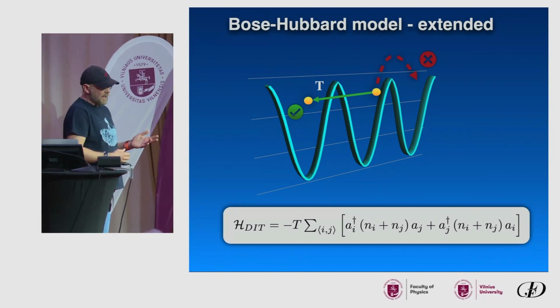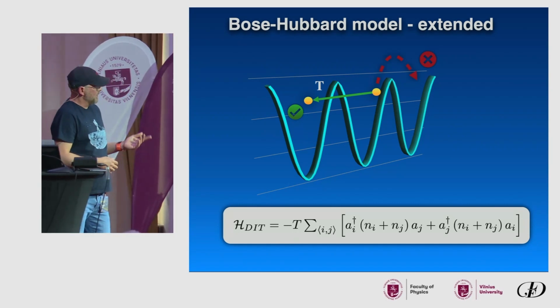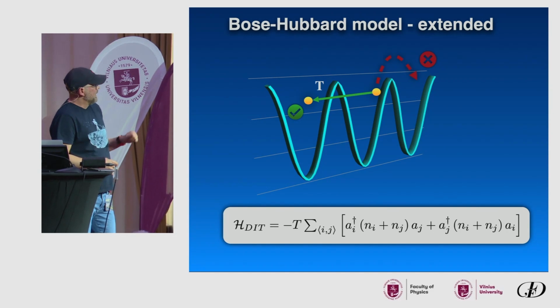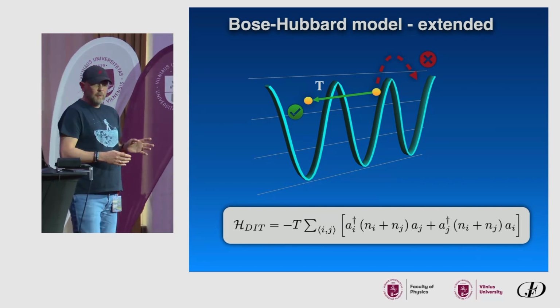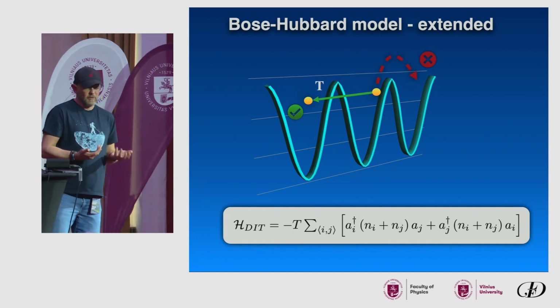So to the basic Bose-Hubbard Hamiltonian, we add the extended version. This is a density-induced tunneling. What does this term mean? This term tells you that the particle could tunnel to the nearest neighbor only when there already exists some particle. So that's why it's called density induced.